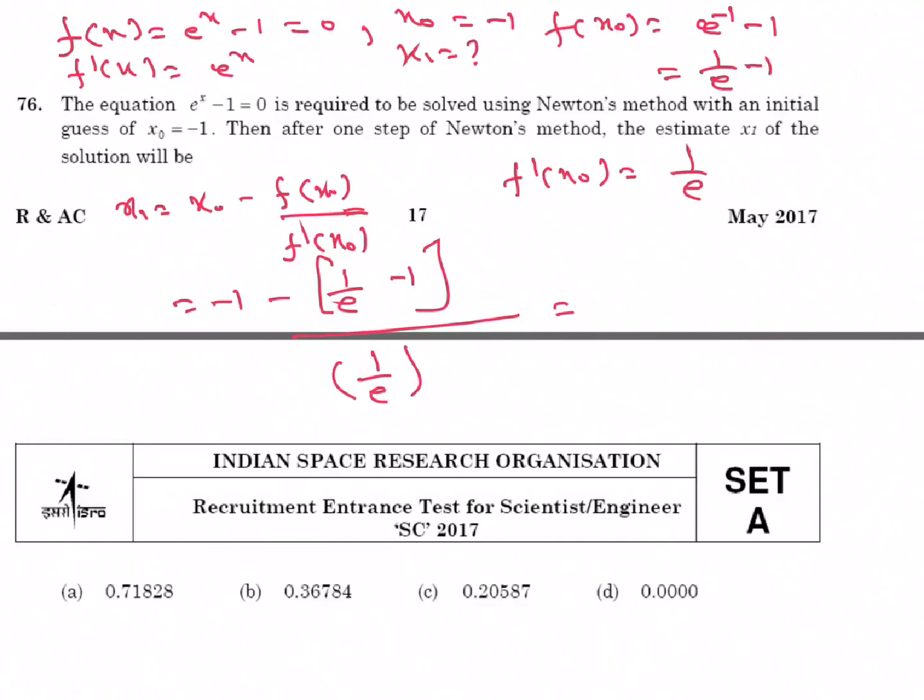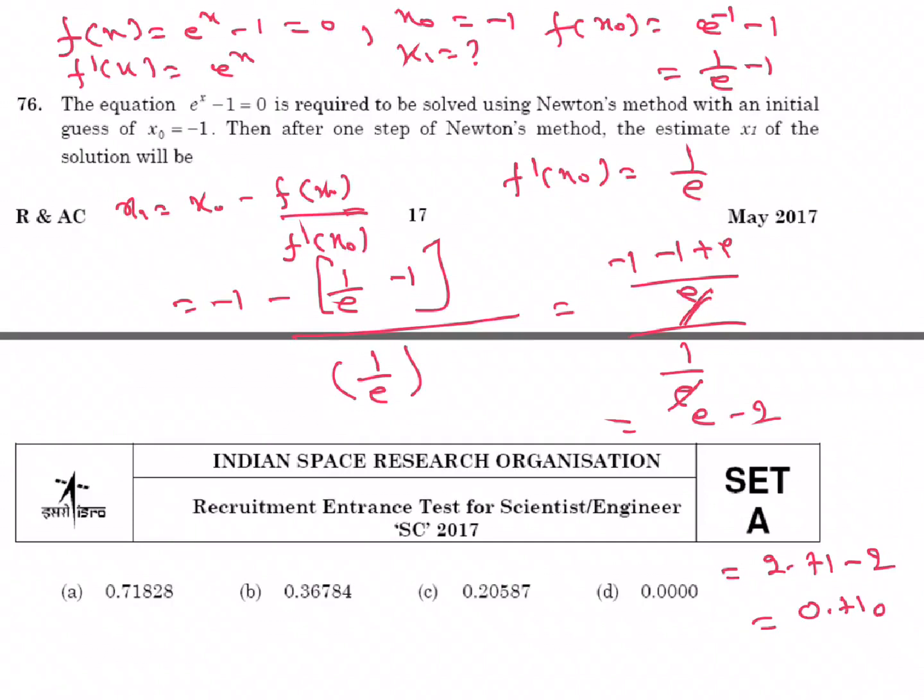If you solve this one, finally you will get, e cancels, then e minus 2. e value is 2.71 minus 2, that is 0.718.